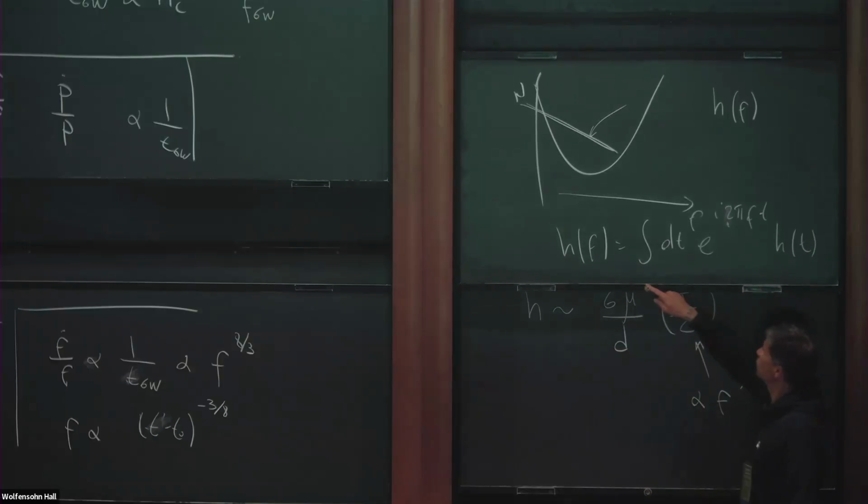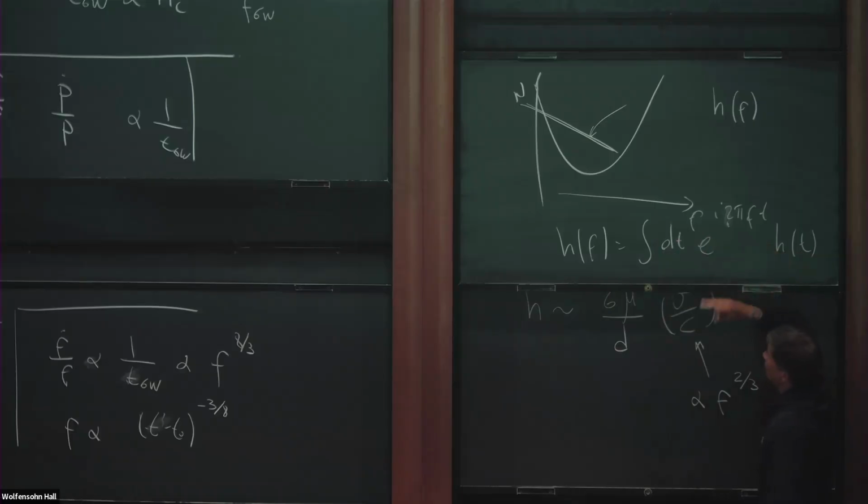In that case, you would be doing this Fourier transform over a finite period of time in which this thing has a fixed frequency, and so then you will only get a non-zero value of this h of f when the frequencies match, and the integral will just give you the length of the time of observation, okay? But in the case of LIGO, that's not the regime you're at. The frequency changes very fast compared to your time scale of observation.